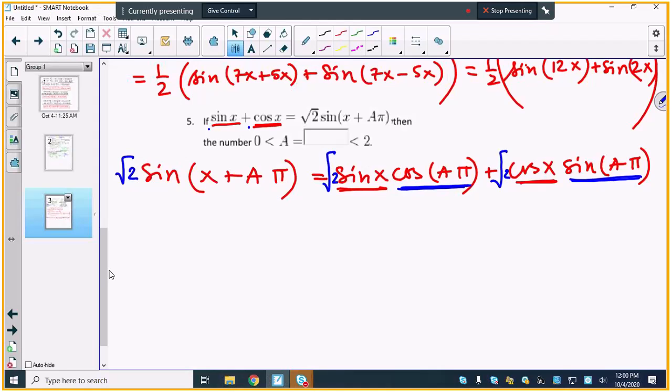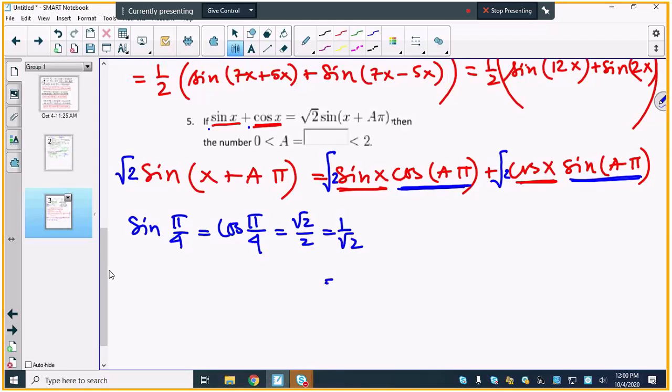And remember, at pi over 4, both sine and cosine take the value of square root of 2 over 2, which is also 1 over square root of 2. So if this cos(a pi) were pi over 4, then I will get 1 over square root of 2 here, which will cancel the square root of 2.